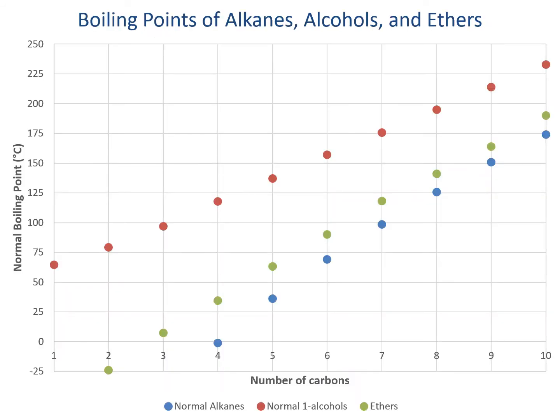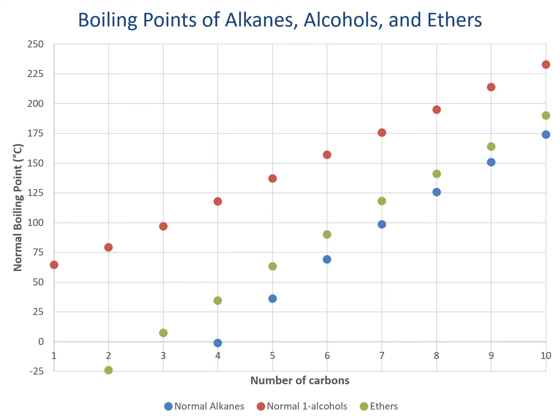This graph shows the boiling points of normal, again that means straight chain alkanes, normal 1 alcohols, and then also ethers. The even carboned ethers are the symmetrical ethers, like dimethyl ether and diethyl ether, and the odd number ethers differ by just 1 carbon on each side, like ethyl methyl ether for 3 carbons or ethyl propyl ether for 5 carbons.